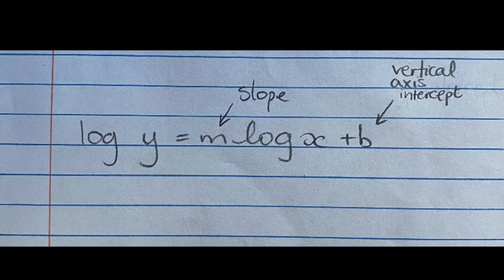Now, since we are on the log y, log x graph, I'm sorry I keep repeating that, but it is really important. We want to substitute y and x for log y and log x in the formula. So that'll mean that we have log y equals m log x plus b. And then we put in the information that we know.